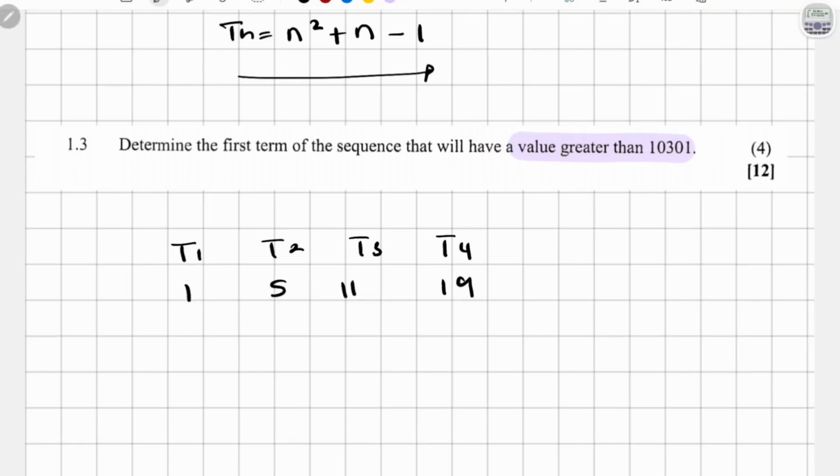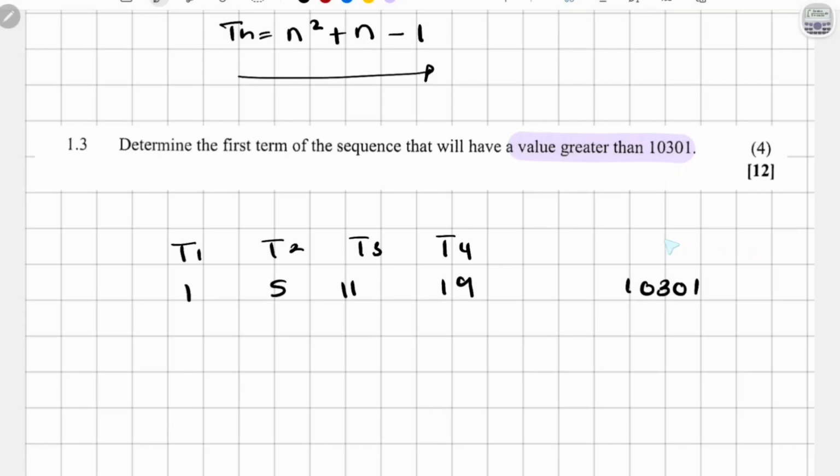Now, the question is, which term, what will be the first term that will have a value greater than 10,301? So you see, they're not necessarily asking which term has a value of 10,301. No, they're asking for which term will have a value greater than 10,301. What is the first term that will be bigger than this number?